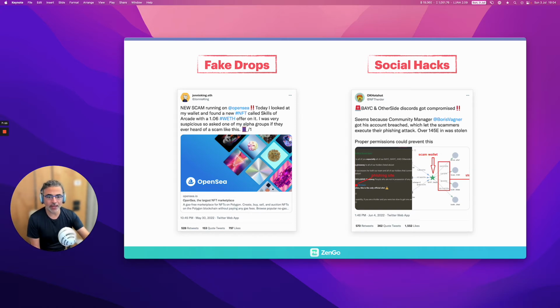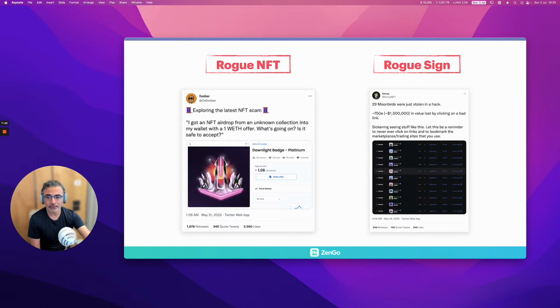All sorts of social hacks where the original Twitter account or Instagram account of a very famous project has been taken over and will invite you to use a real malicious contract, and you're going to lose your funds there.